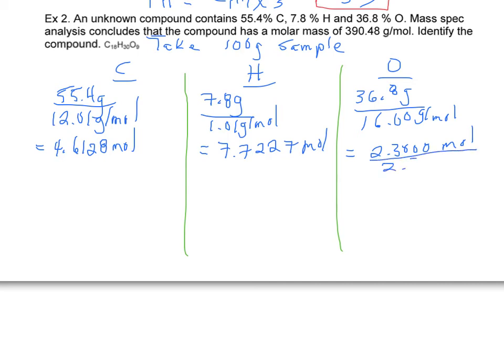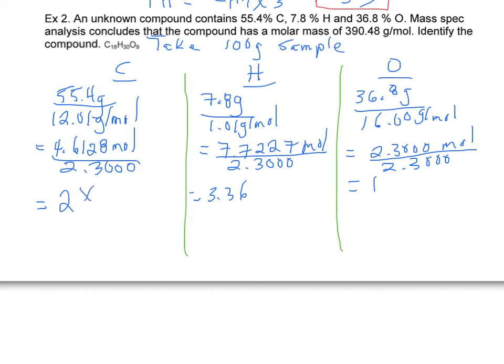That comes from oxygen. Carbon works out to 2. I can round that one. But my hydrogen works out to 3.36. I can't round that. Oxygen works out to 1. 0.36 is pretty close to 0.33, or a third, so I need to multiply by 3 in order to get whole numbers to achieve step 4.